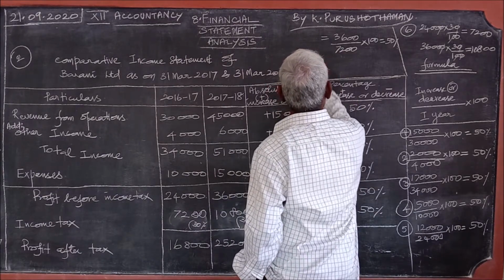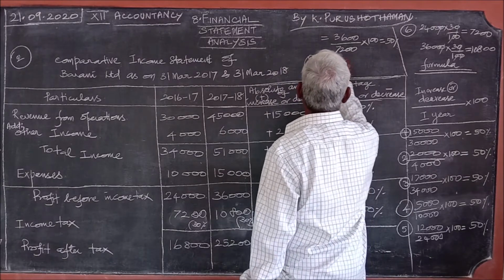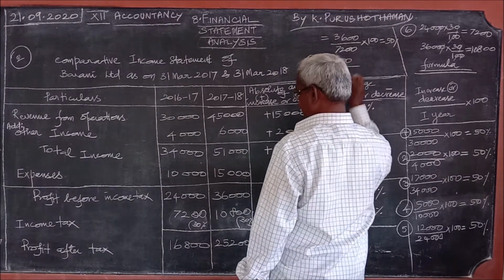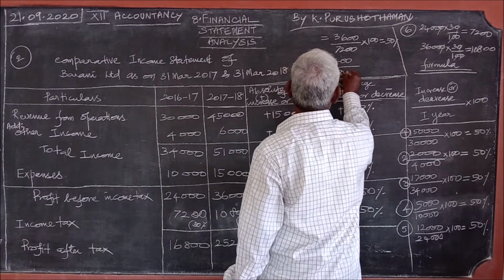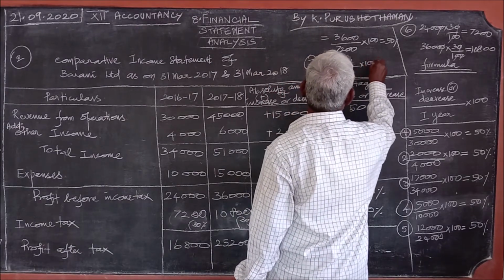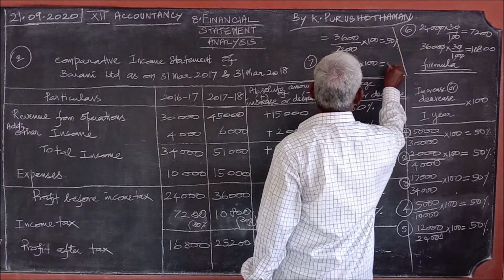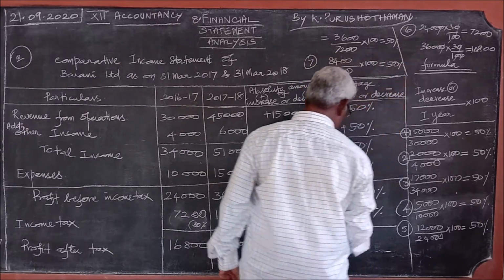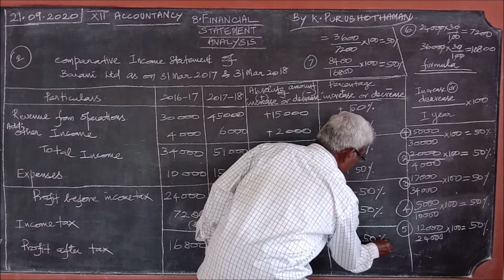Point number 7: increase 8,400 by the first year 16,800 into 100. You simplify, by 2, 50%. Therefore, there is an increase of 50%.